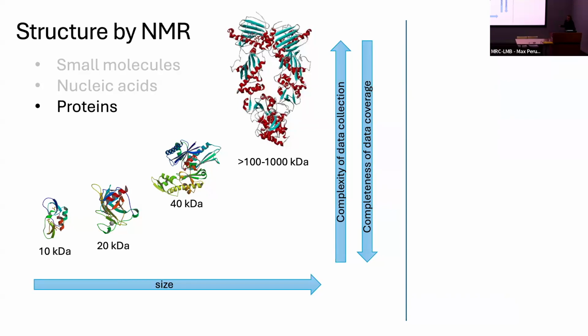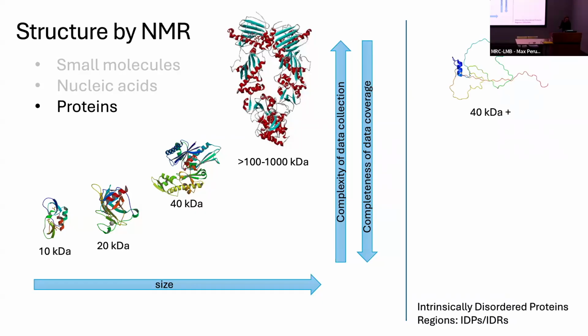I mean, we have looked at a system that's half a megadalton in the magnet, but that information is based on very specific questions that we're asking, and then you need specific labeling. So all this is true for a globular or folded protein, but we can also look at proteins that are intrinsically disordered, or intrinsically disordered regions of proteins, by NMR, and then those previous rules don't really apply.